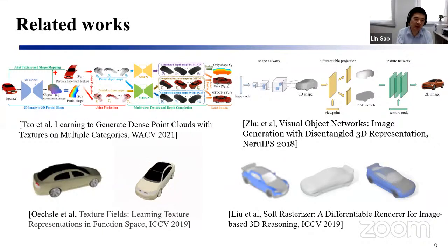The other pioneering work uses the texture field. It's something like the implicit field, defining colors in the implicit field. But it's not an easy way to represent very fine texture.